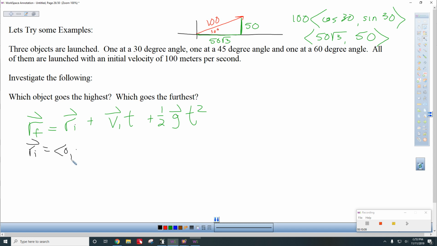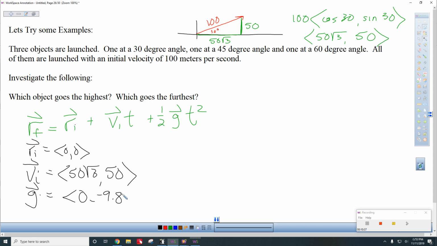Well, in this problem, our initial position is 0, 0, okay? The initial velocity, we said, was 50 radical 3 and 50. And then the gravity is always 0, negative 9.8. Okay? So now remember, we got to multiply this and this by some t's, t and t squared.